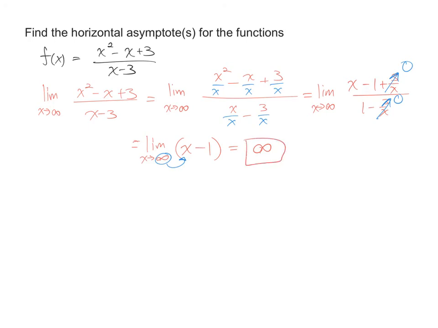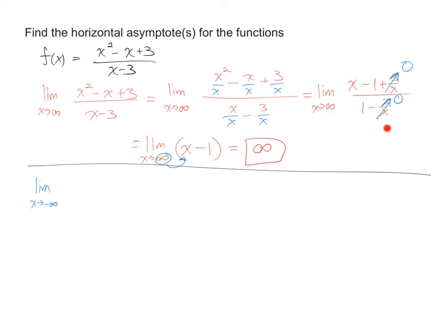Let's see what happens when we do the other limit. Limit as x approaches negative infinity. I'm going to start the second limit right here because we're going to do the exact same steps. It's the same function. We're going to divide everything by x.